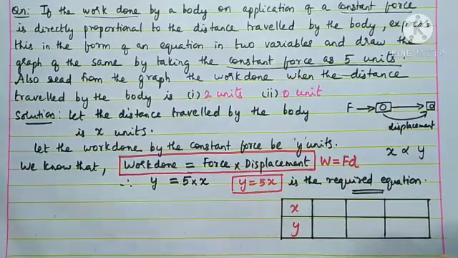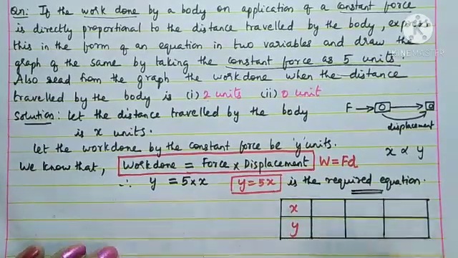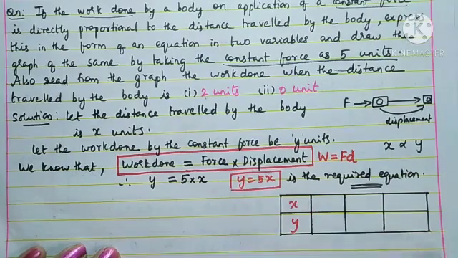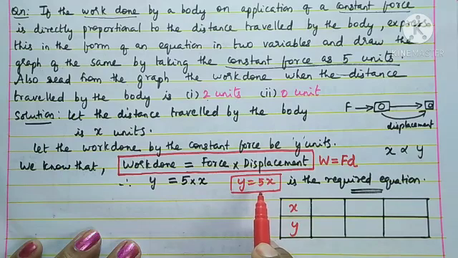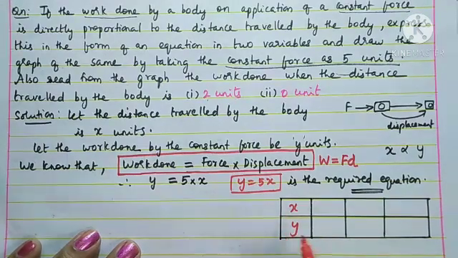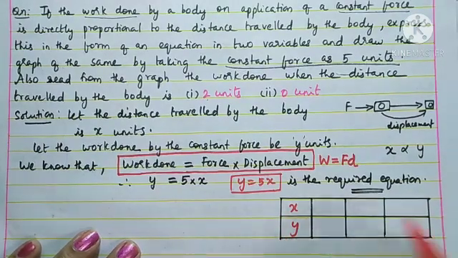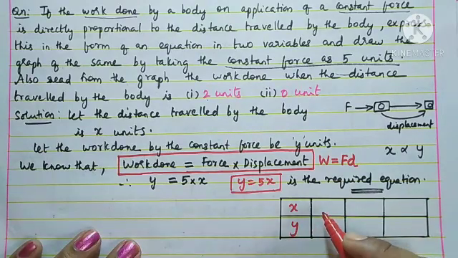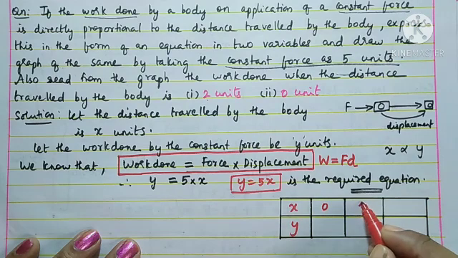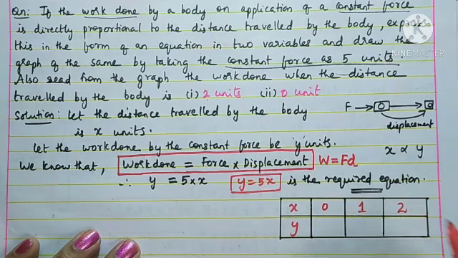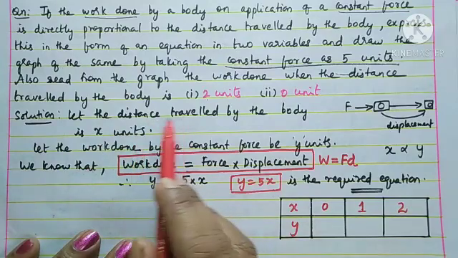So in order to draw the graph, we need to form the tabular column, and as usual we are taking x and y coordinates. Now using this equation, we are going to find out the coordinates. So x coordinates is our choice. I am going to take x as 0, 1 and 2. What is x here? X is the distance traveled here.